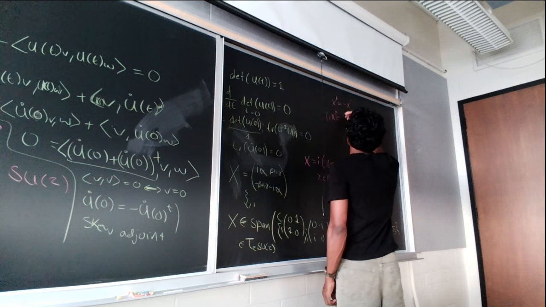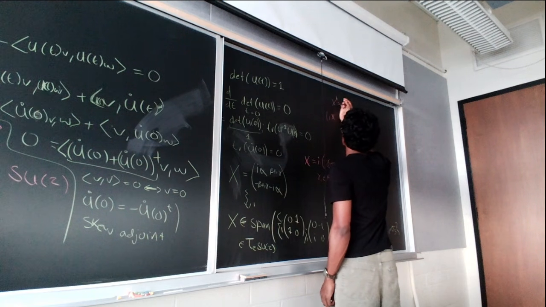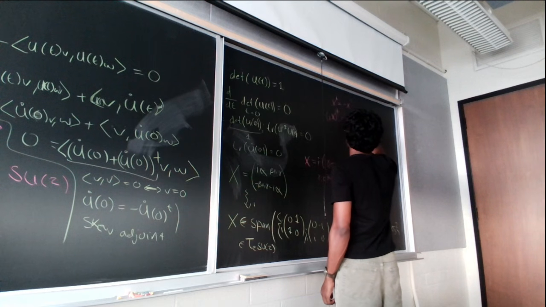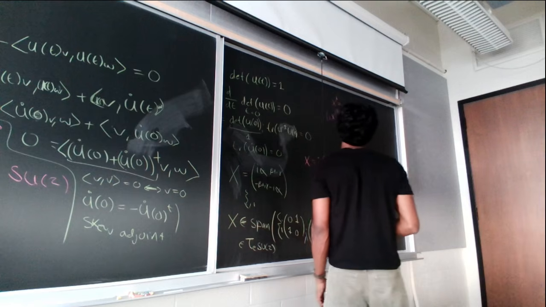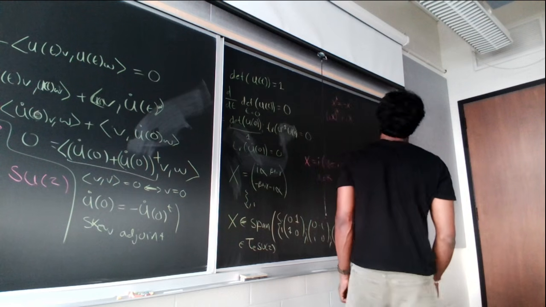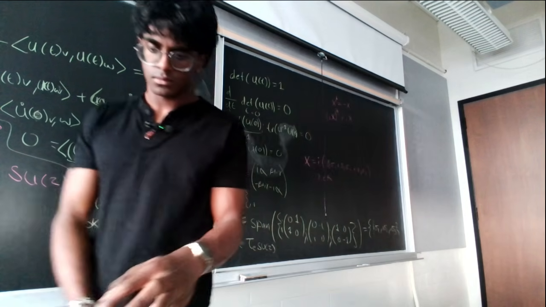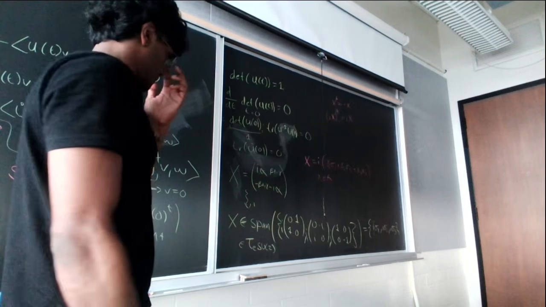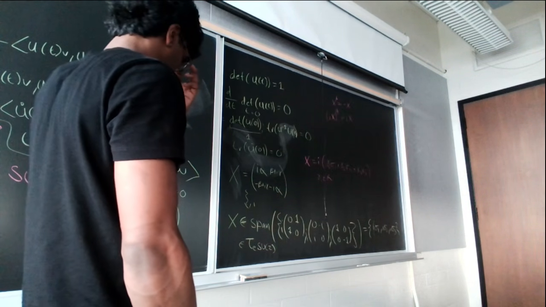Now you pause and let the audience figure it out. Yes, IX is self-adjoint. It's the same thing, because the X gets a negative, but then the I gets a negative, and so it's the same. So the point is that he wrote X as the span of I times some self-adjoint matrices.